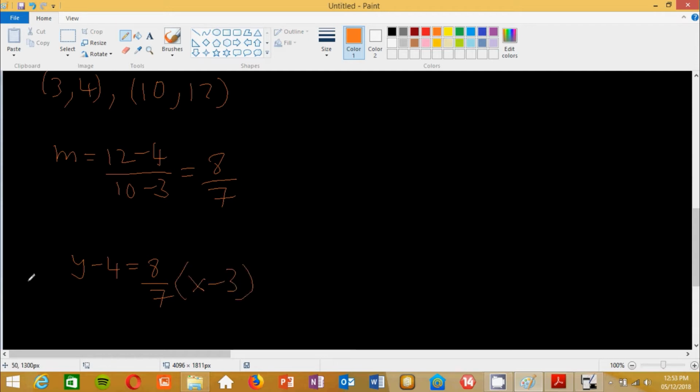And again, you can leave your equation like this, or if you want to, you can expand this, and that would be y minus 4 is equal to 8 over 7 x minus 24 over 7, because 8 over 7 multiplied by negative 3, 8 times negative 3 is negative 24.